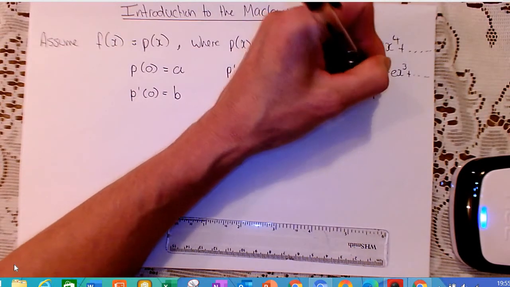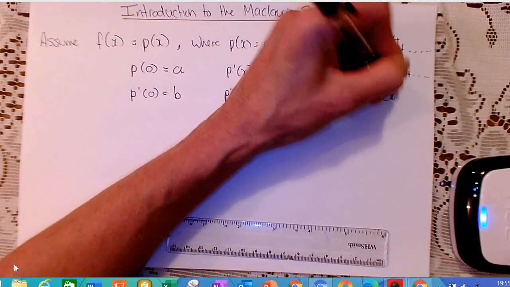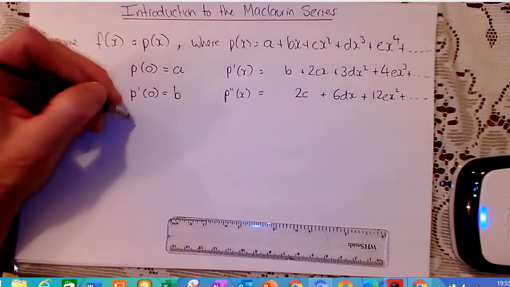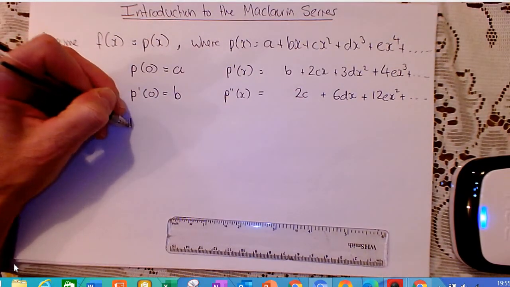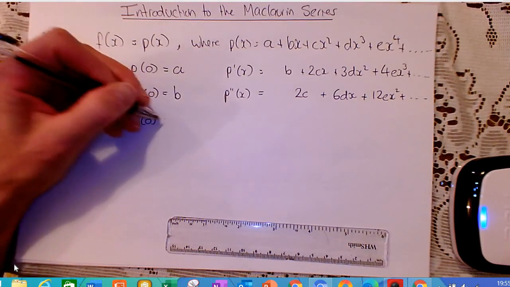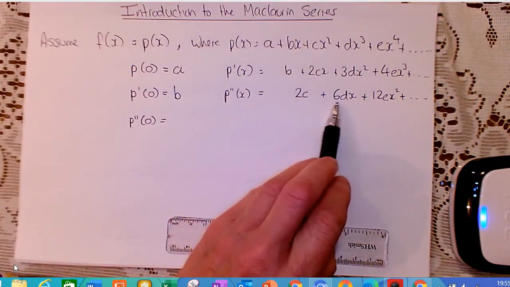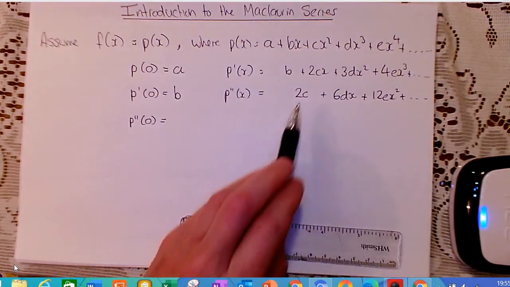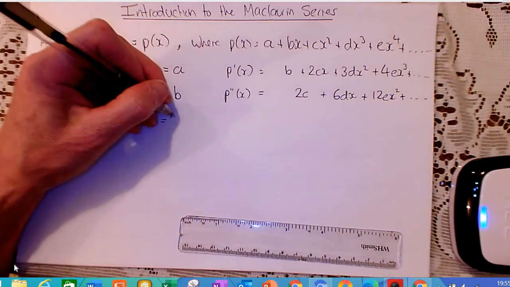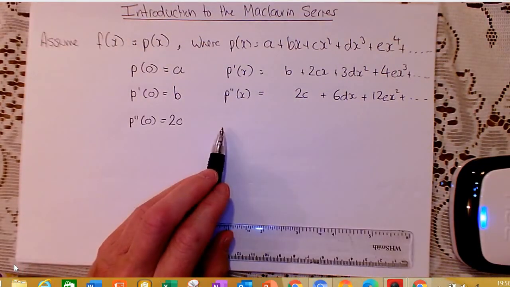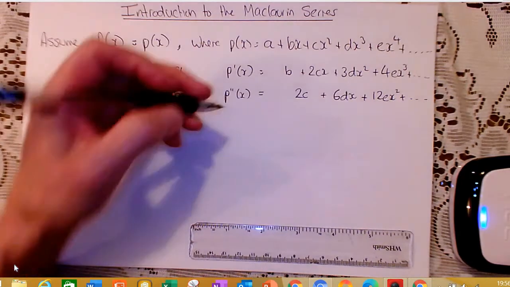You'll start to see a pattern soon. And let's see what happens if I find the second derivative when x is 0. All of these further terms will cancel. I'm just going to be left with 2c.